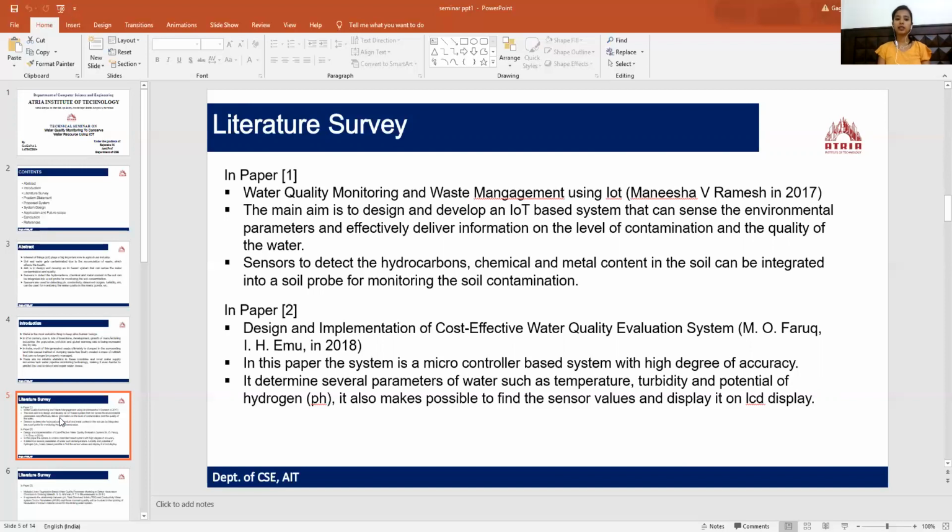It determines several parameters of water such as temperature, turbidity, and potential of hydrogen, that is pH. It also makes it possible to find the sensor values and display them on an LCD. One of the main parts has been taken from this paper too, that is displaying the value on an LCD and the usage of sensors.